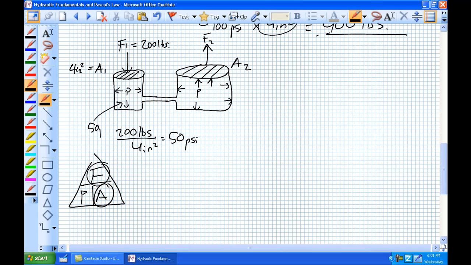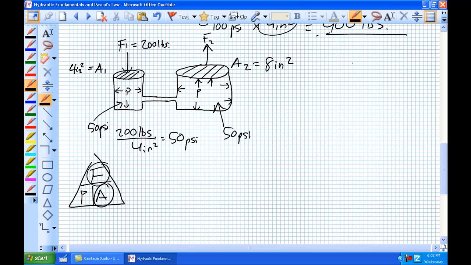So that's the pressure for this chamber. But according to Pascal's law, it's also the pressure inside this chamber right here, 50 psi, acting undiminished in all directions. On an area, in this particular case, let's say of 8 inches squared.